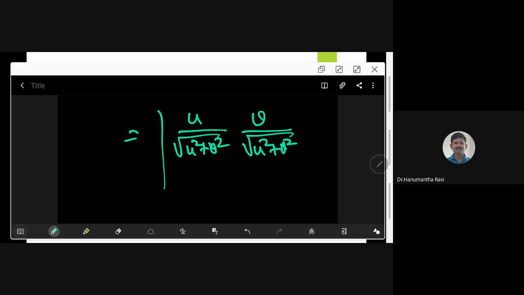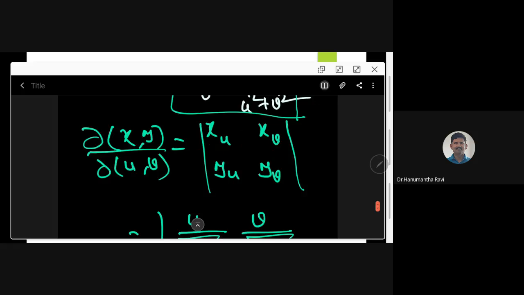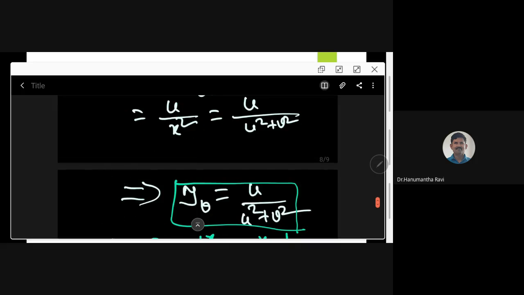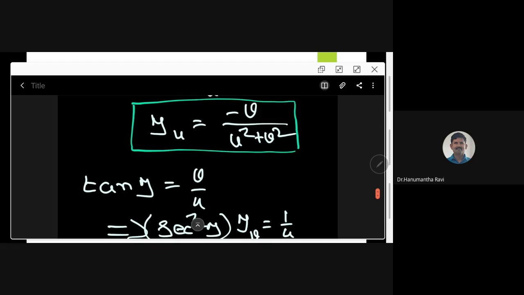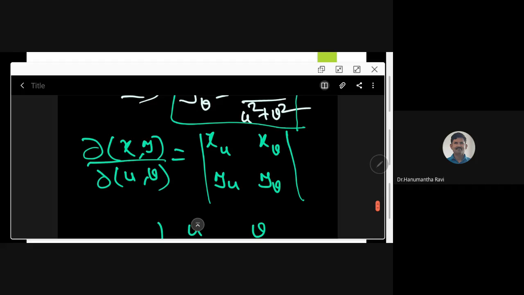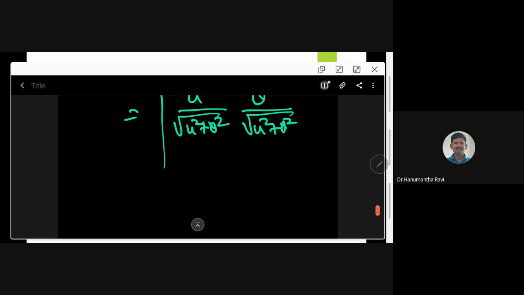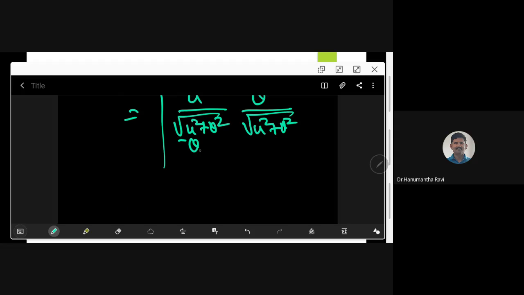On the other hand, what is yu? It is minus v by u square plus v square, and yv is u by u square plus v square. Good. Now we'll see what is the determinant here.